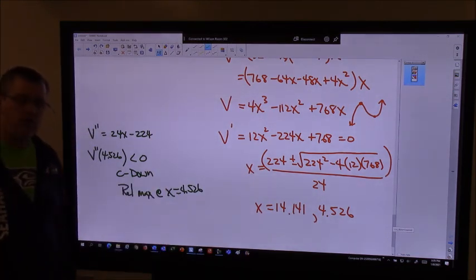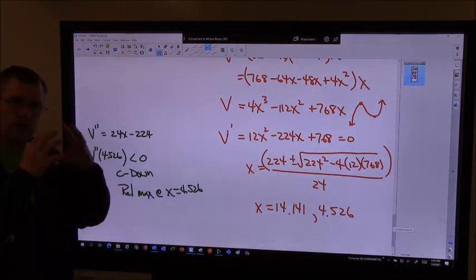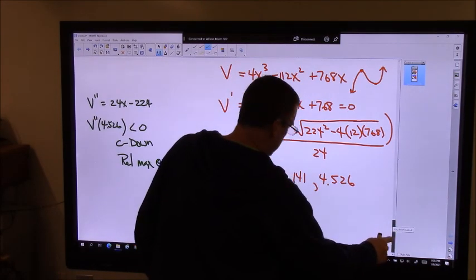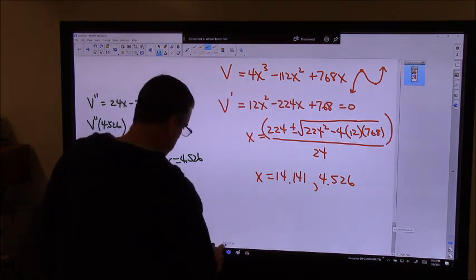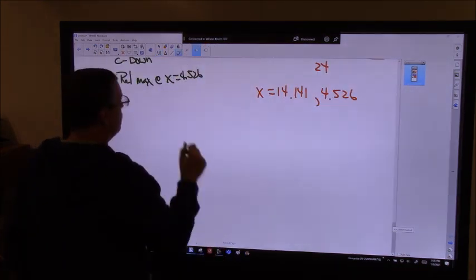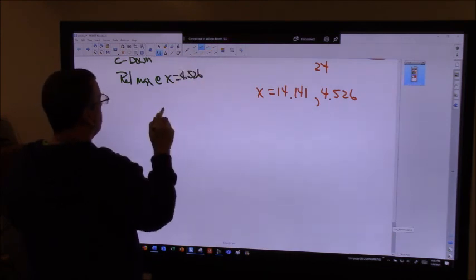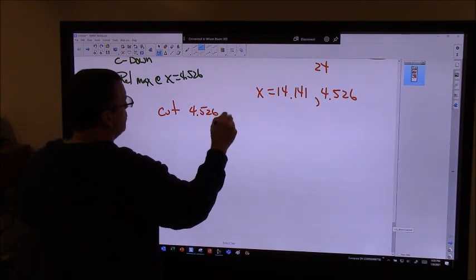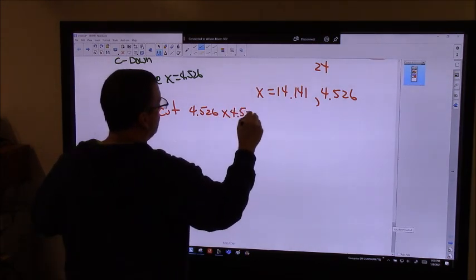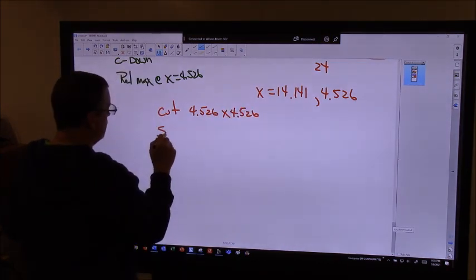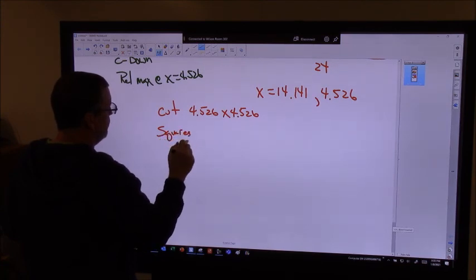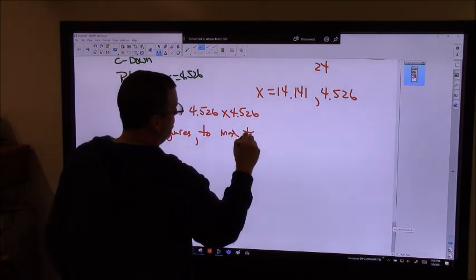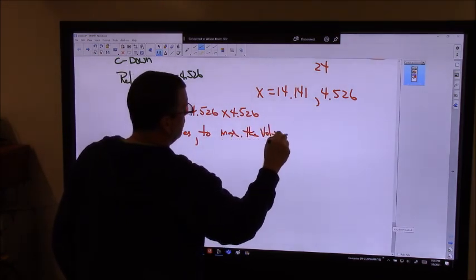That's the amount I should cut away, the size square I should cut away from each corner. So just to make sure I give a good clear answer at the end, I want to cut 4.526 by 4.526 squares to maximize the volume.